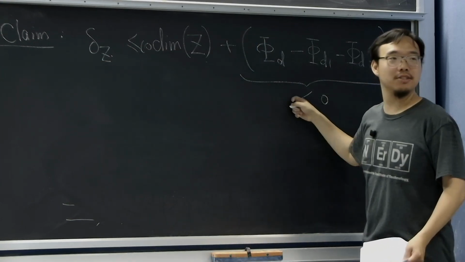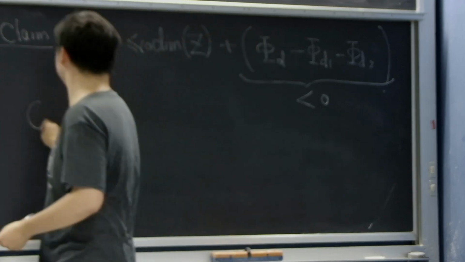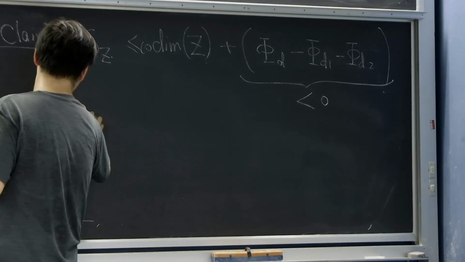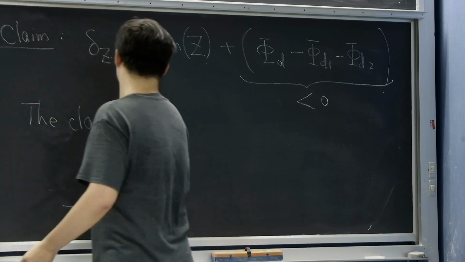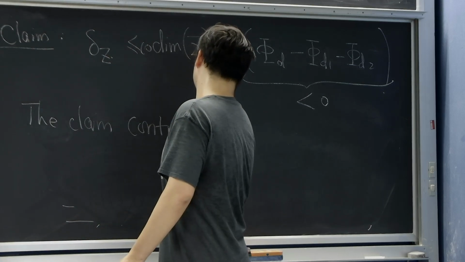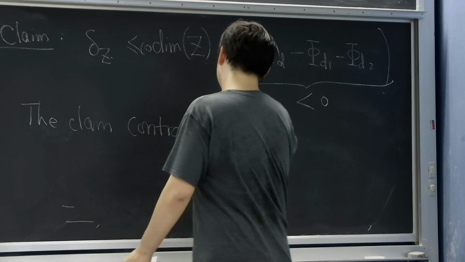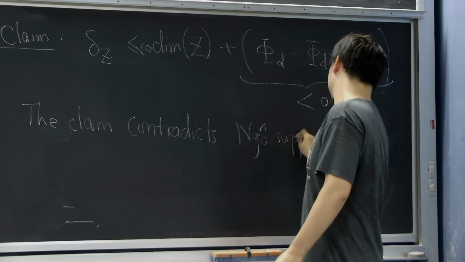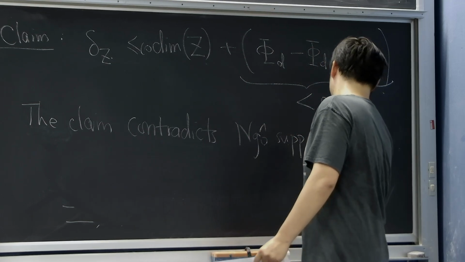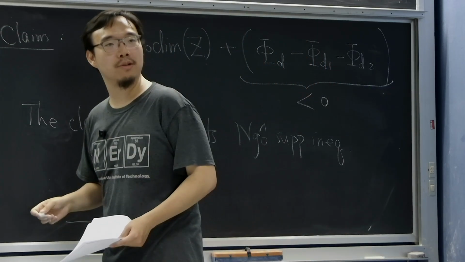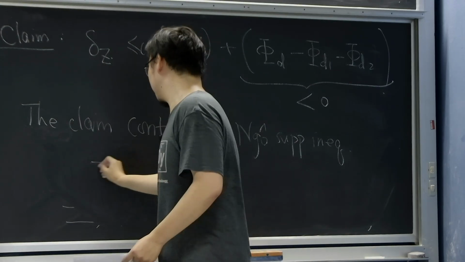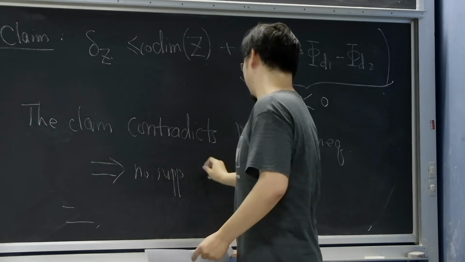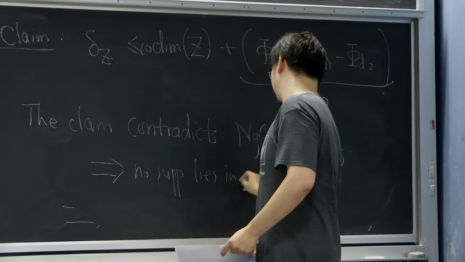But you have this correction term, so this contradicts the claim, and contradicts the Gauss inequality directly. You don't even have a chance that the inequality is an equality, which implies that no support lies in the B minus B circle.